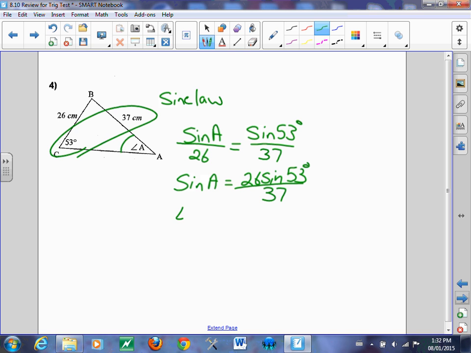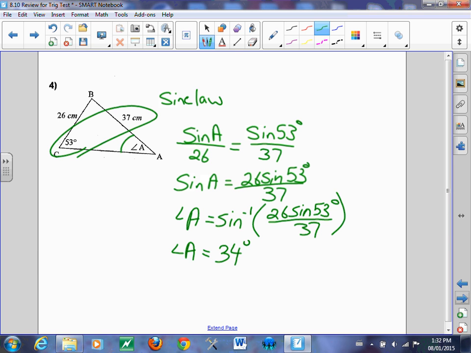Remember, you're finding an angle, folks, so angle A equals the sine inverse of this relationship. Plug it in your calculator, ladies and gentlemen, and you'll get 34 degrees approximately. Awesome.